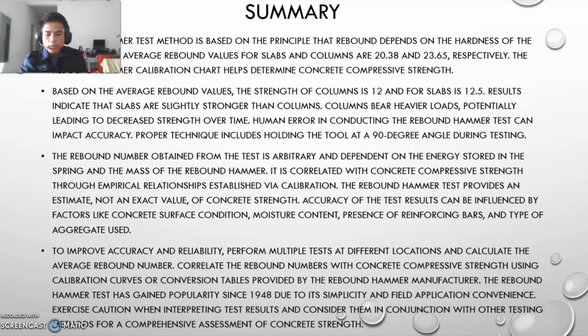The rebound hammer test has gained popularity since 1948 due to its simplicity and field application convenience. Exercise caution when interpreting test results and consider them in conjunction with other testing methods for a comprehensive assessment of concrete strength.